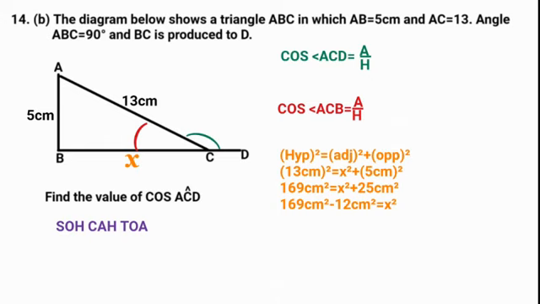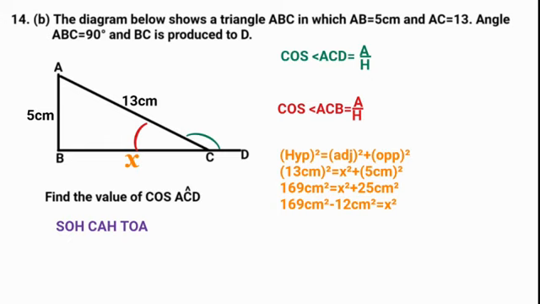I don't know what happened when I was preparing to write that. So it's going to be 169 minus 25 centimeters squared is equal to X squared.